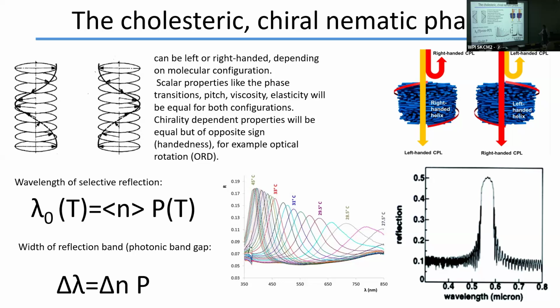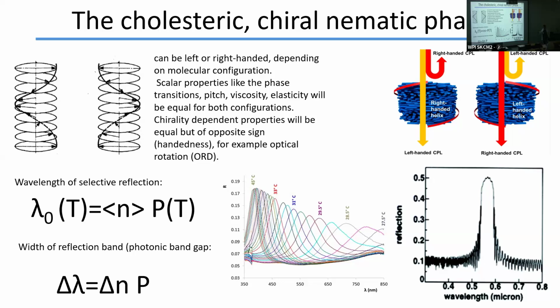This is reflection as a function of wavelength. And there is a photonic band gap here at around 550 nanometers. Right? It depends on the pitch where this is. You can make it in the microwave, in the micrometer region, also; it depends just on the pitch in that formula. And that pitch is temperature dependent, as you can see here.